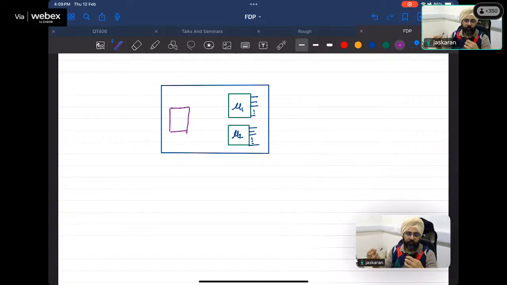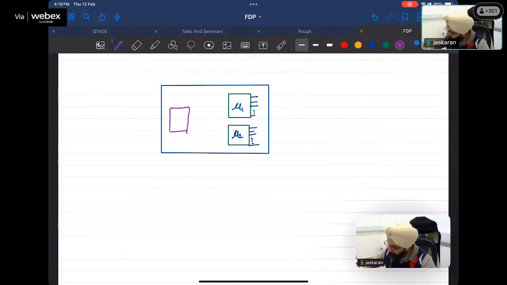It could be a coin toss, it could be a dice throw, whatever. Some process which gives me random outcomes, so I can have different outcomes with different probabilities. This need not in general be a quantum random number generator or whatever.